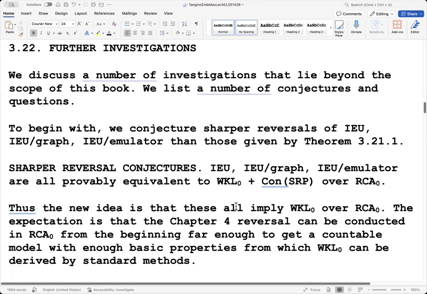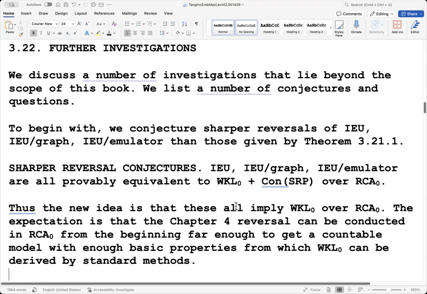These are all provably equivalent to WKL naught plus con SRP over RCA naught. And the only new idea here is that all these statements imply WKL naught over RCA naught. And I'm not going to try to prove this. I don't want any mission creep.